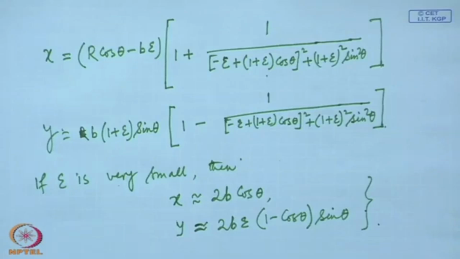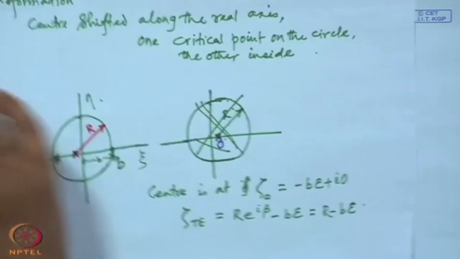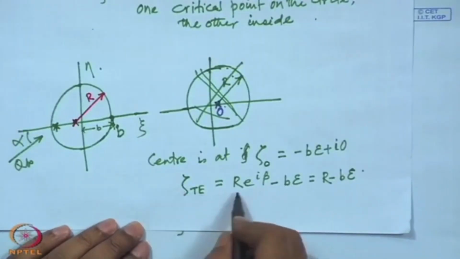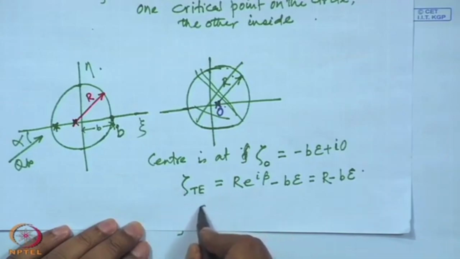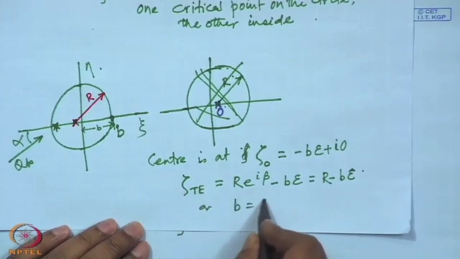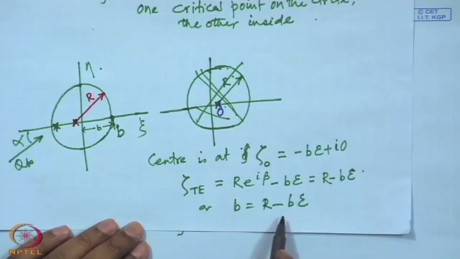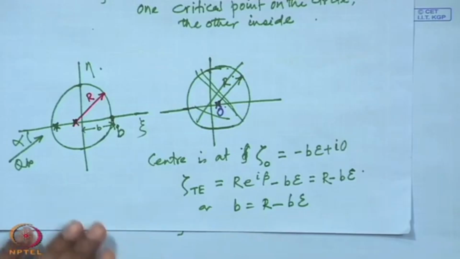we already had a relationship between r and b, if you remember from here, that this relation can be written as 0 or r equal to b into 1 plus epsilon.